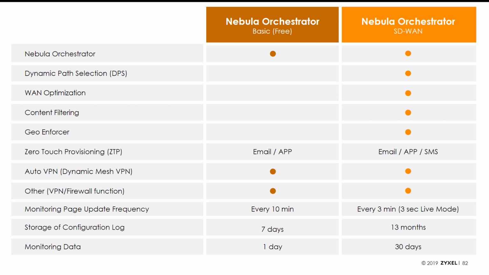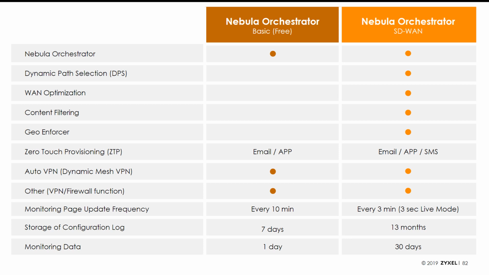Once the 1 year that's included in the devices comes to an end, you have a choice to either renew that service or to drop down to the Nebula Orchestrator basic version, which allows you to still manage and maintain the devices centrally. So it's a replacement for managing site-to-site networks at a basic level, but you lose a lot of the benefits of SD-WAN.